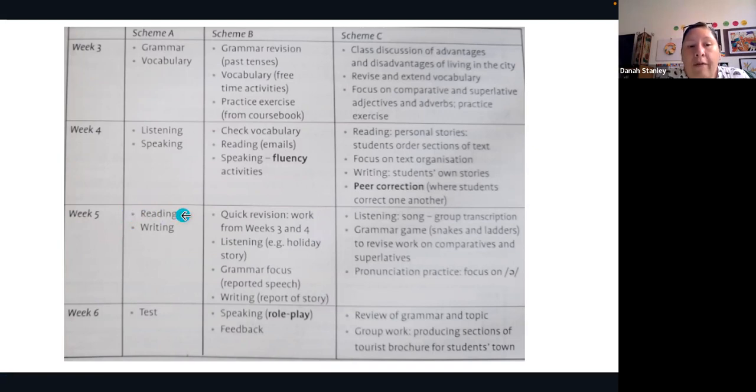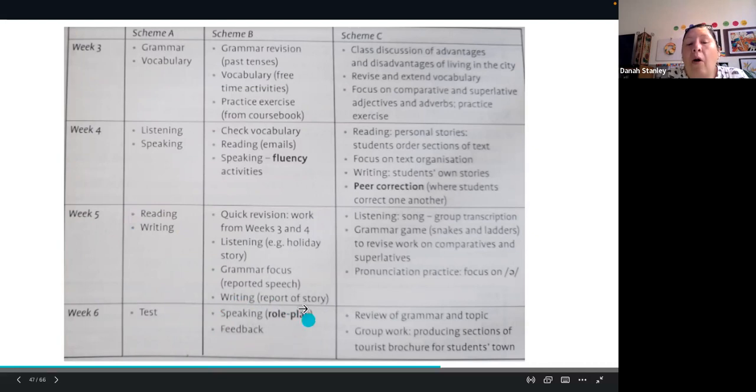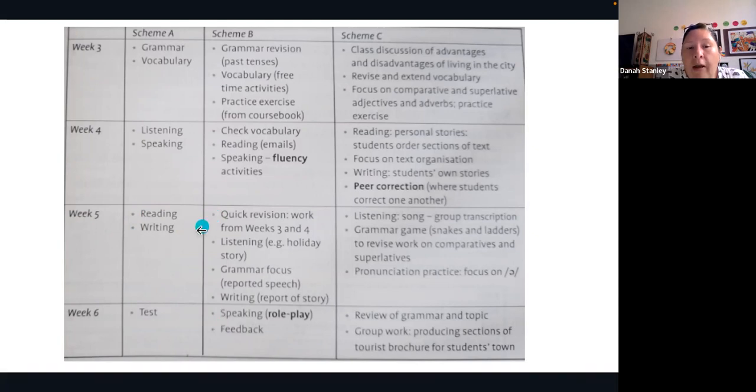If you observe, you have the input and you have the output. For the test, you have a productive skill. In here, well, I'm going to have a quick revision, the listening. They are going to be listening for specific information, and then they are going to have an individual writing exercise, okay?